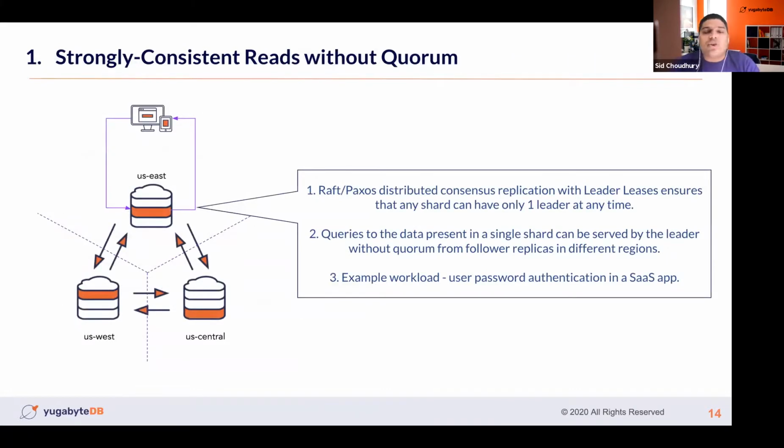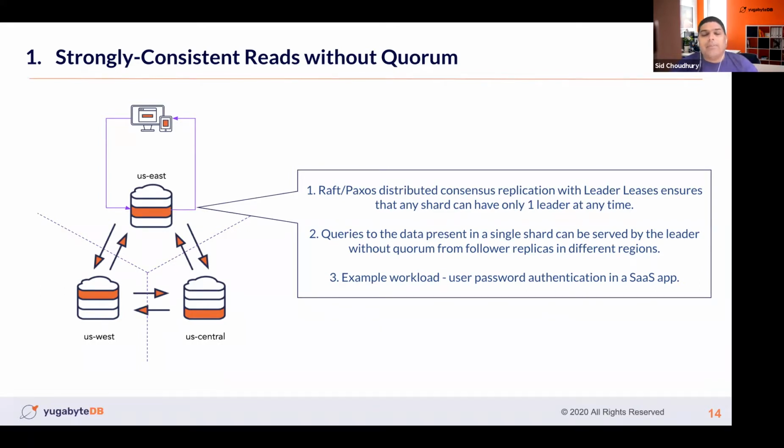First is strongly consistent reads without quorum. The way it works is that in distributed consensus-based writes, the hard work of committing the data at 2 of 3 places is already happening on the write path, right?